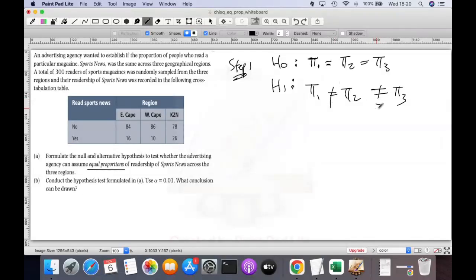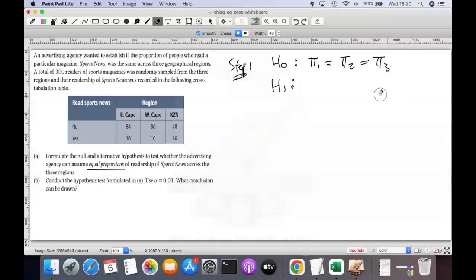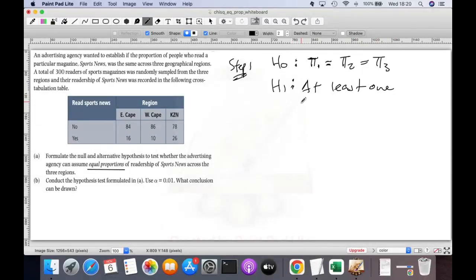But we don't really care. We only care that one of them differs, and that's all you need to state for your alternative hypothesis. All you need to say is that at least one province differs.